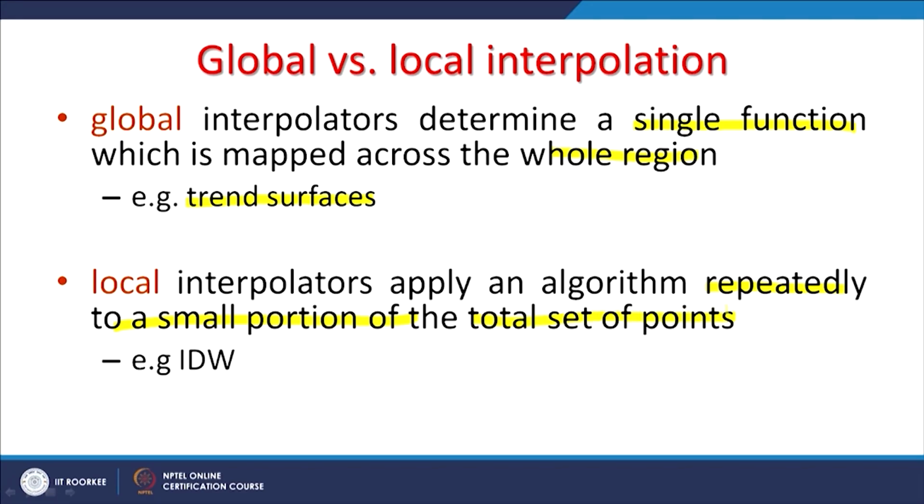The best example is IDW, which stands for inverse distance weighting, a very popular interpolation technique. All phenomena may not have global characteristics, so trend surfaces may not be close to reality, whereas local interpolation techniques may be very close to reality, and therefore we may resort to local rather than global interpolators.